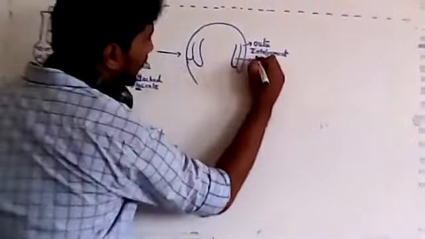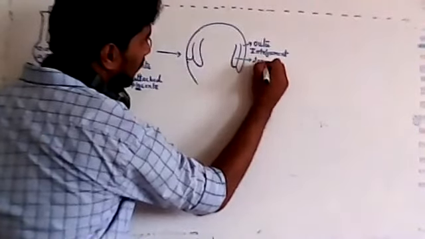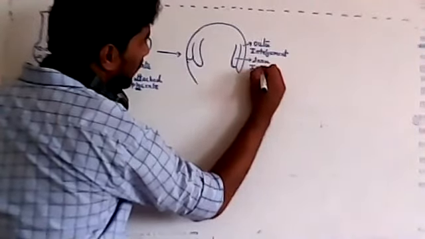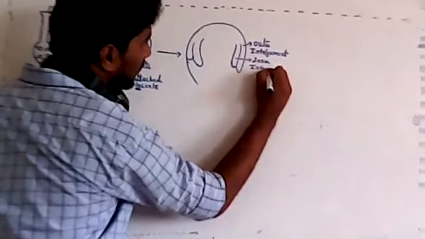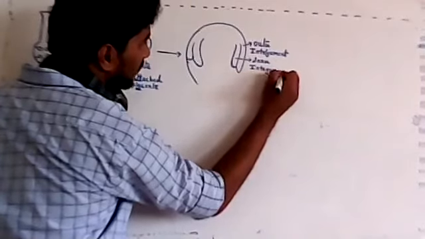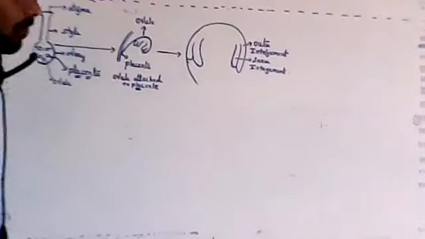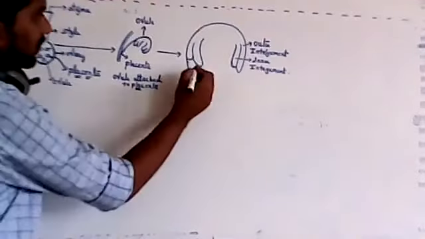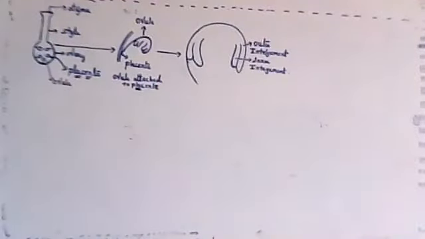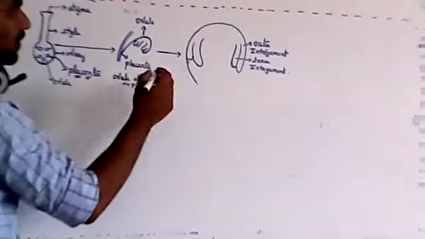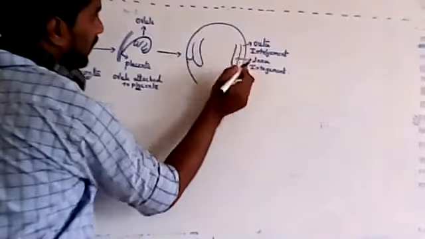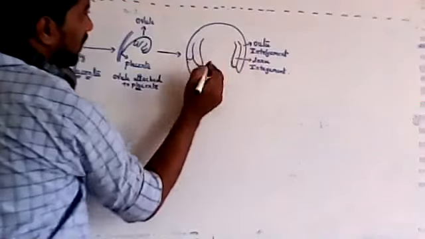The outer cover is called the outer integument, and the inner covering is called the inner integument. These are the two layers which are present in the ovule. So we are going into the details of the structure of the ovule. The ovule will have two layers, outer integument and inner integument.